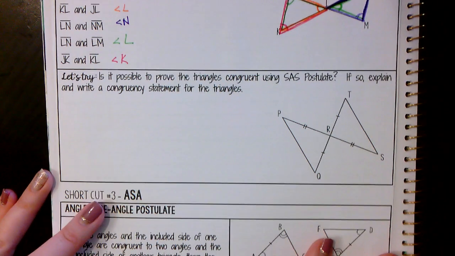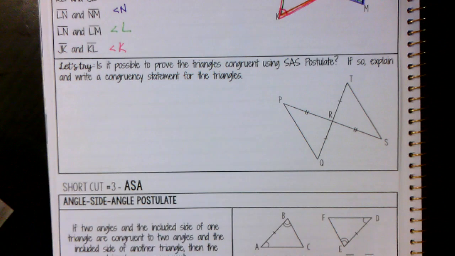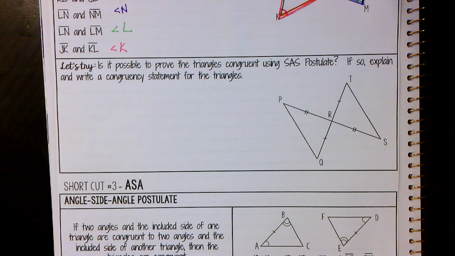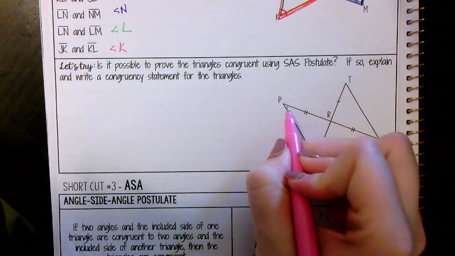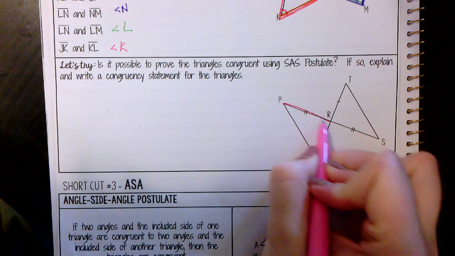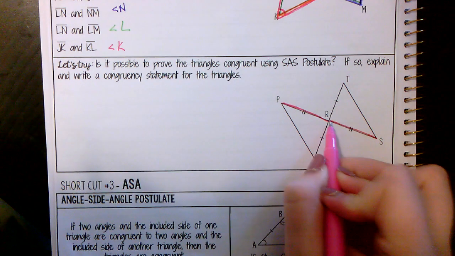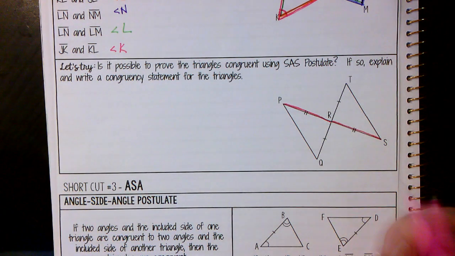So now it says, let's try one. Is it possible to prove that the triangle is congruent using side, angle, side for this one? Well, if we look at the information given to us, I know that PR and RS are congruent. They both have 2 lines through them, and that's given.